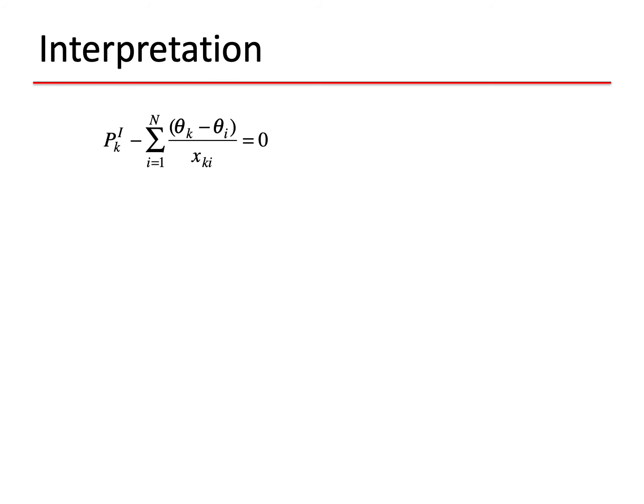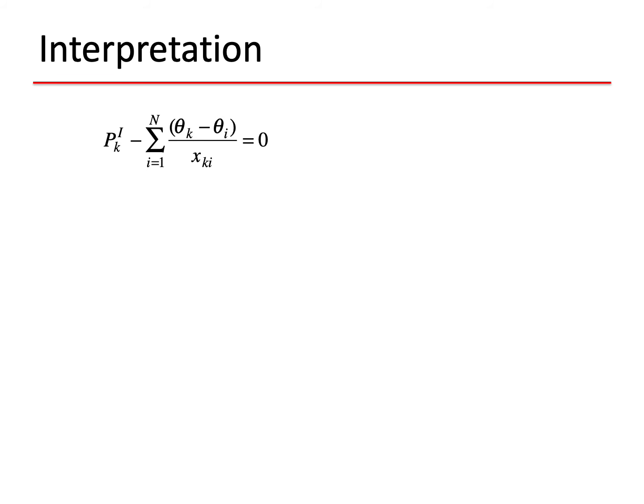We can interpret these equations in physical terms. P_k represents, as I mentioned before, the active power injected at bus k. It is positive if there's a generator injecting power at that bus. It is negative if a load extracts power at that bus. And it can be positive or negative if there is both, depending on which one is bigger.